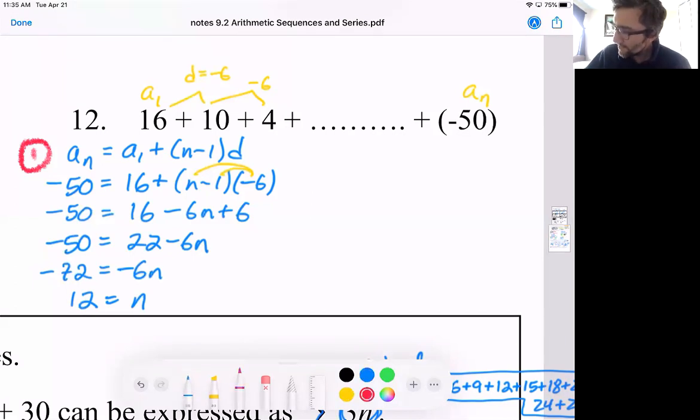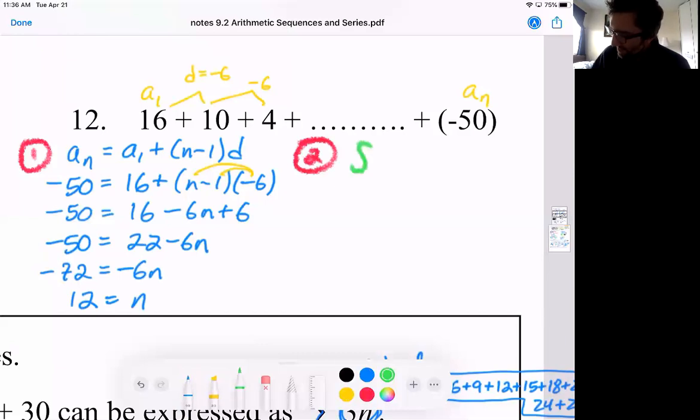Okay, so now that we have the number of terms, our second step, we'll use that formula S sub n is n over 2, the first term plus the last term. We just said we have 12 terms.